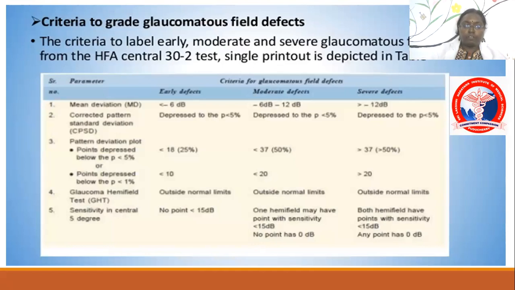We have the Humphrey perimetry central 30-2 test. In early defects, there is a mean deviation of less than 6 decibels. In moderate defects, it's around 6 to 12. In severe, it is more than 12 decibels.